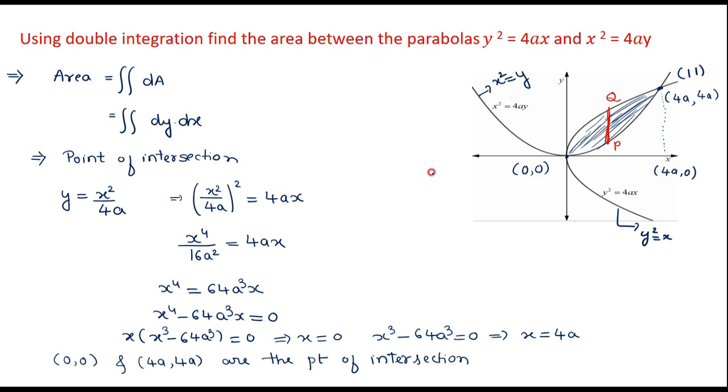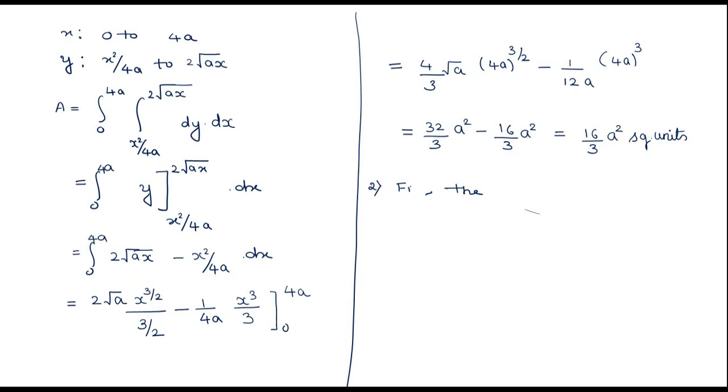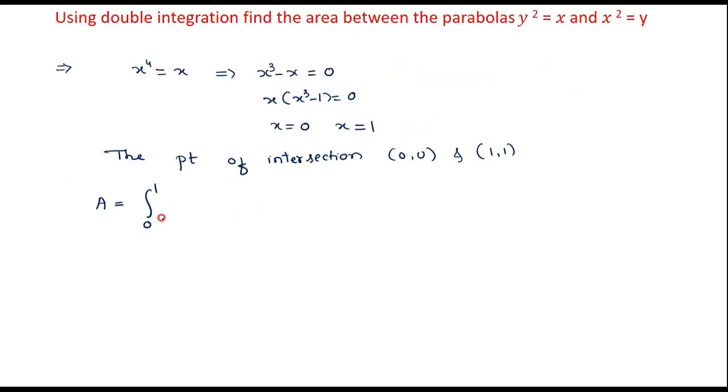So we can find the limits: x varies from 0 to 1 and y varies from x square to root x, dy dx. On simplifying this, the area is equal to 1 by 3 square units. Thank you for watching.